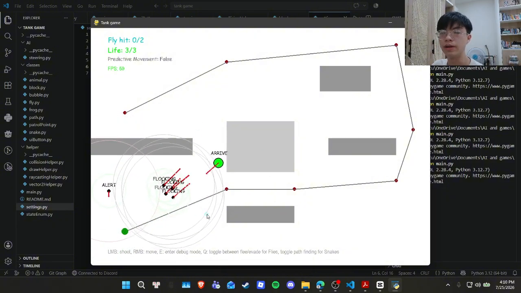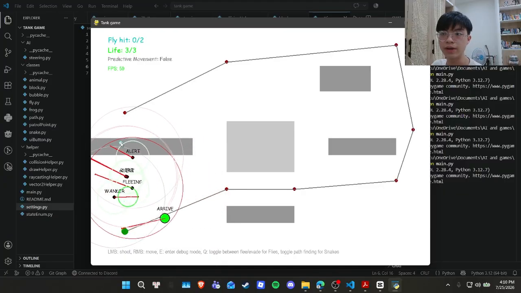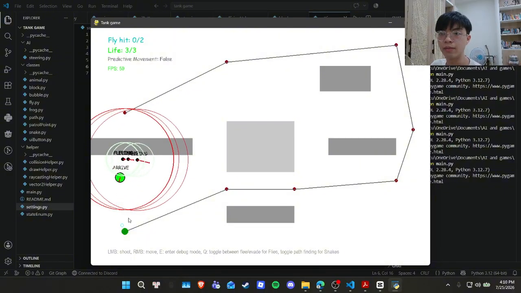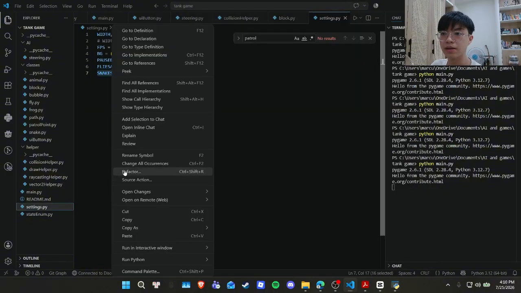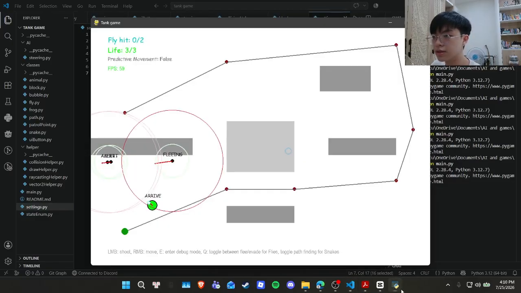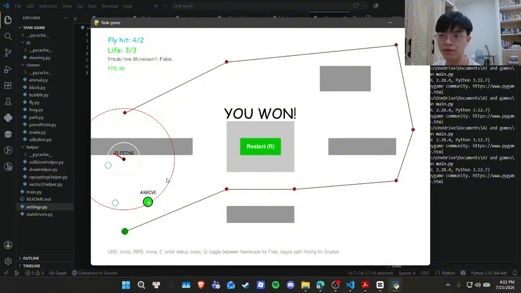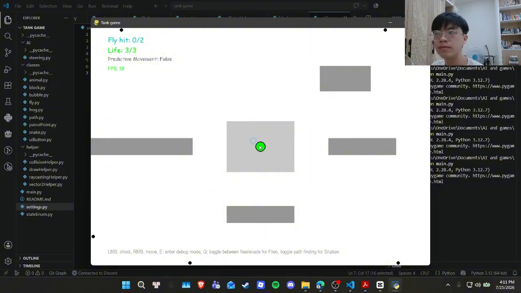Additionally, when there's a threat near it, the fly will flee away. And if there are multiple threats, like a bubble and the frog, then the fly will try to find the average position of the frog and the bubble to flee or evade from.